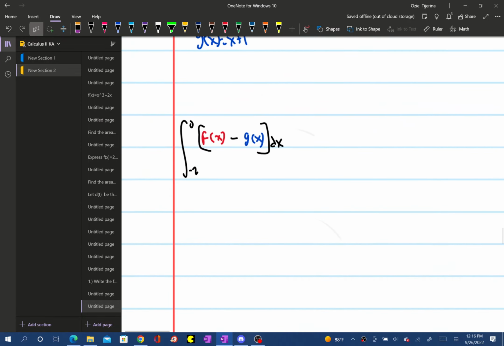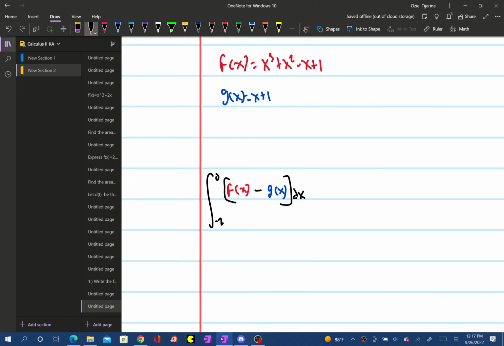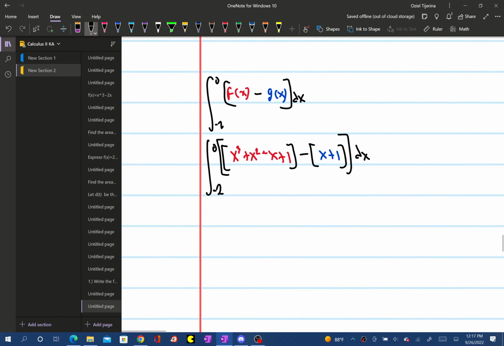So we have the integral from -2 to 0 of the following: x cubed plus x squared minus x plus 1, and then minus g of x, so x plus 1, and this is all with respect to x, okay?